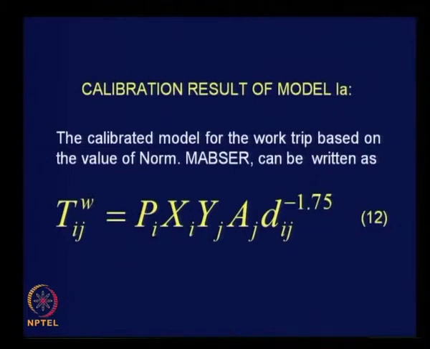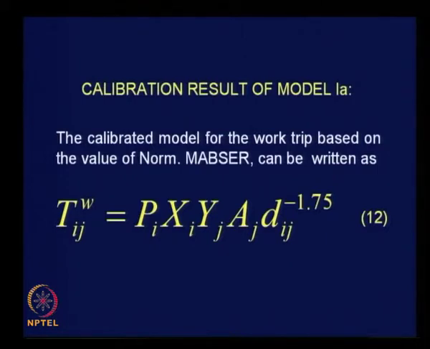What do you get for horizon year condition? How will you apply this model for horizon year condition? What are the values that will be known to you under horizon year condition? Obviously you will not know Tij, that is what you want, isn't it.